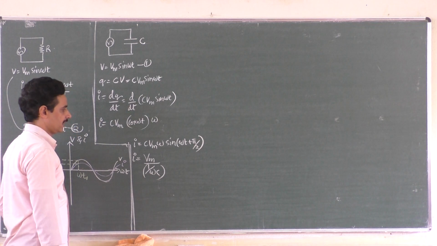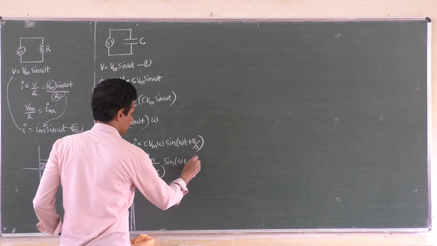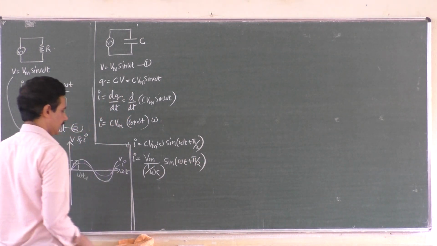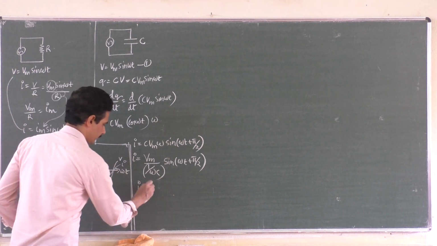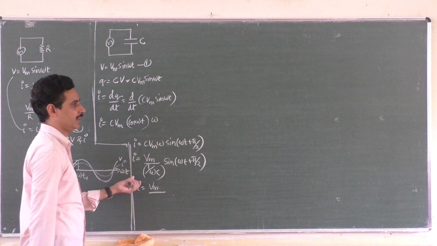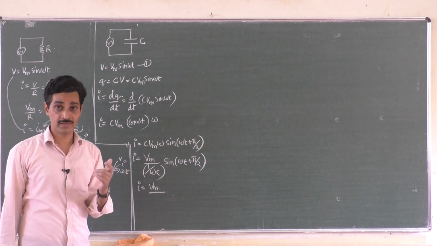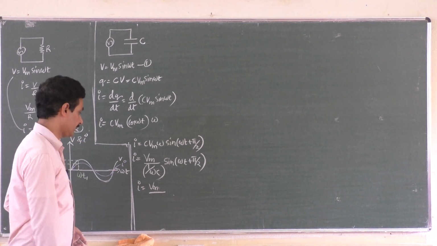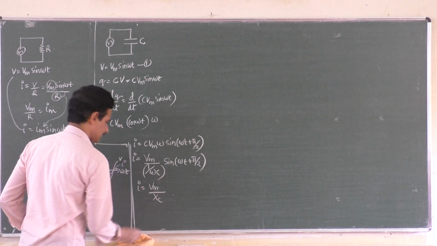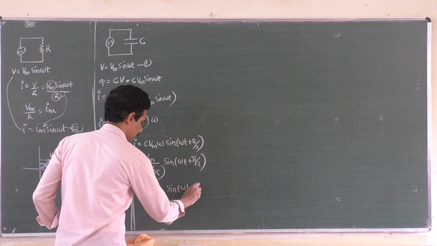I is equal to Vm by 1 by omega c, sin(omega t plus pi by 2). So how did we treat this? Omega is the angular frequency of AC, the angular velocity with which it turns. 1 by omega c is treated as Xc, so I is equal to Vm by Xc sin(omega t plus pi by 2).